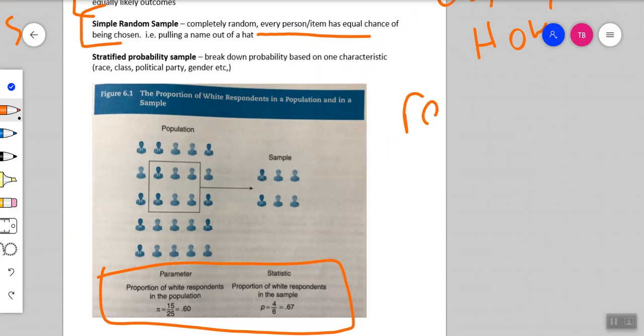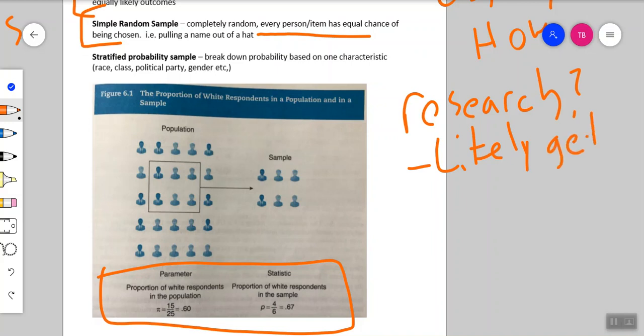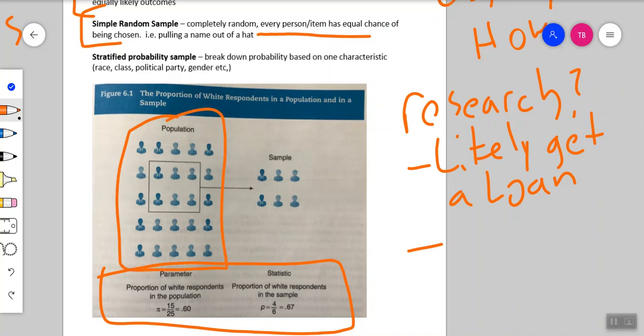The research question is likelihood of getting a loan, and they're doing it based on race. They're saying that white respondents are probably more likely to get a loan than people of color. So they're going to do this research study. Say their population of this group is like this, and their sample is 25.